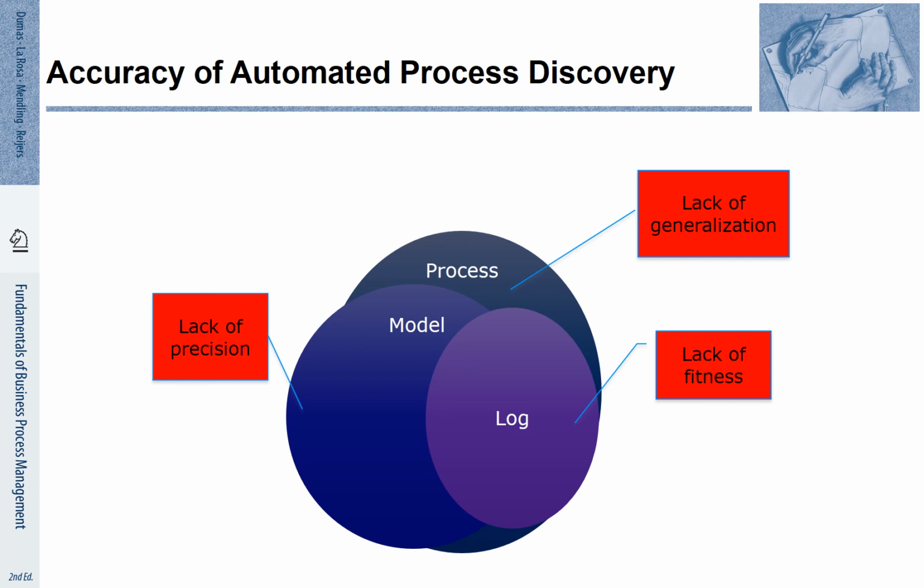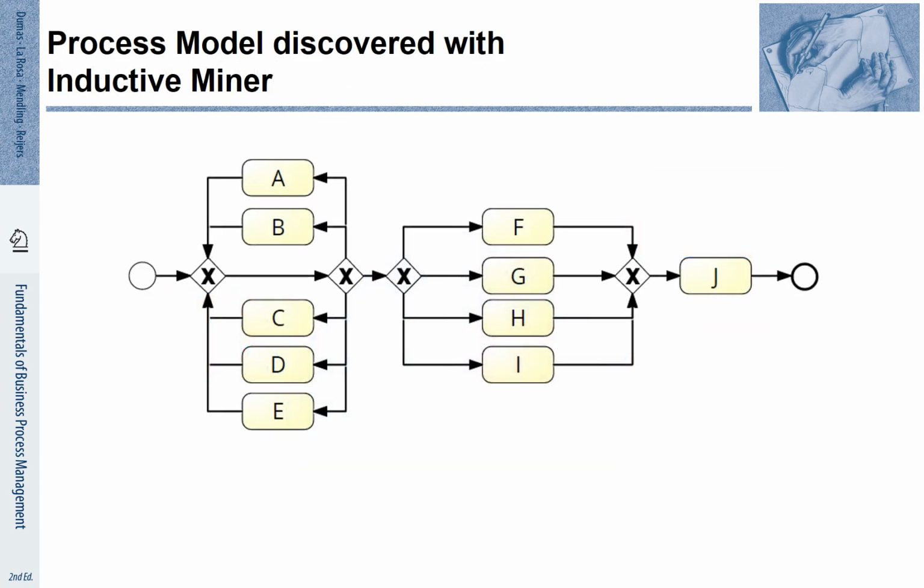The following example may give you an idea that different process mining algorithms produce different output. Here, we see a process model that is produced by the Inductive Miner. Its key principle is to identify as much as possible structured behavioral parts in the event log.